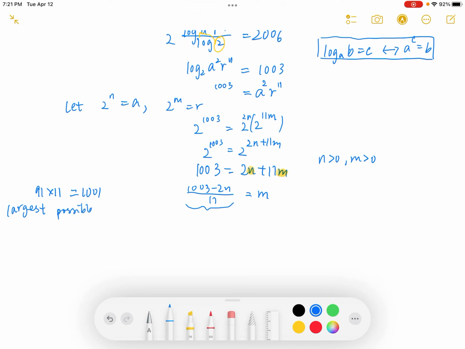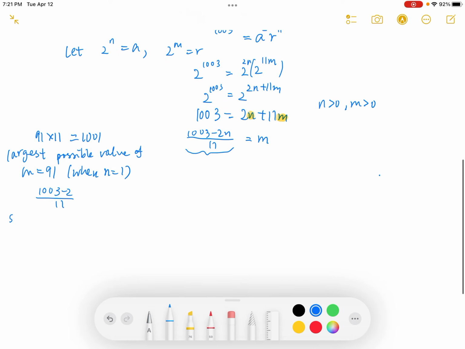because the largest possible value of m is equal to 91. That is the case when n is equal to 1, so the expression is 1003 minus 2, divided by 11. And then we also have the smallest possible value.